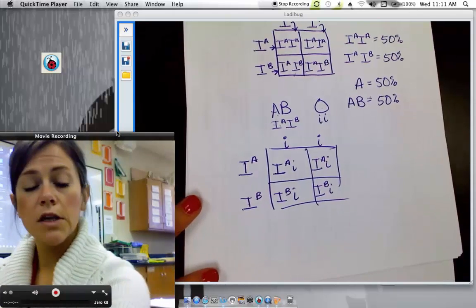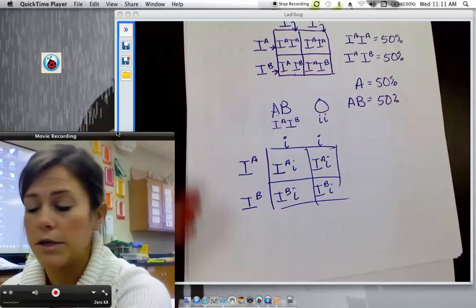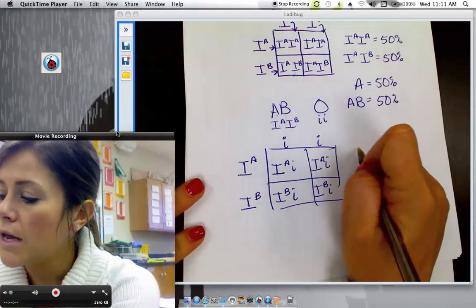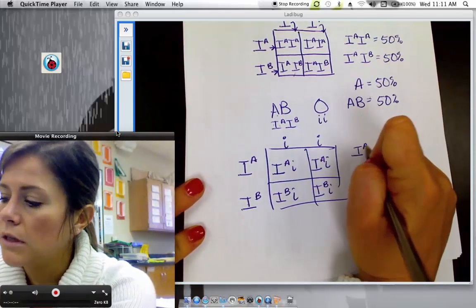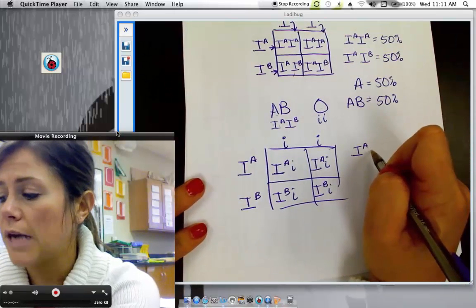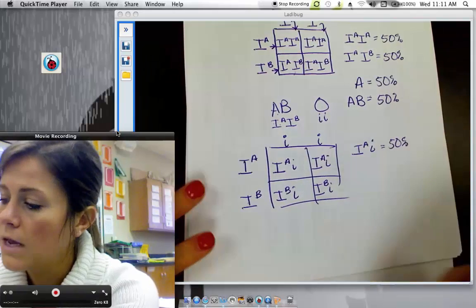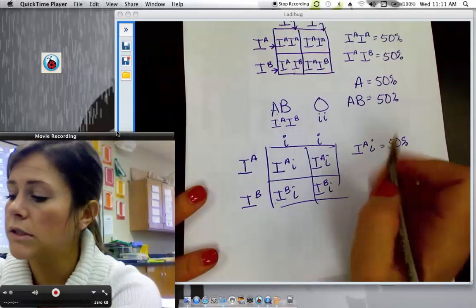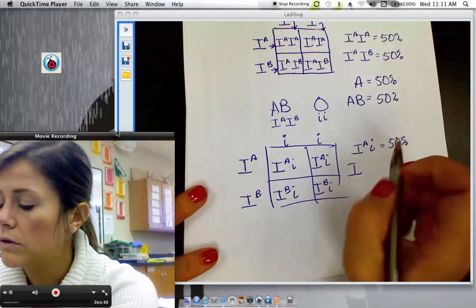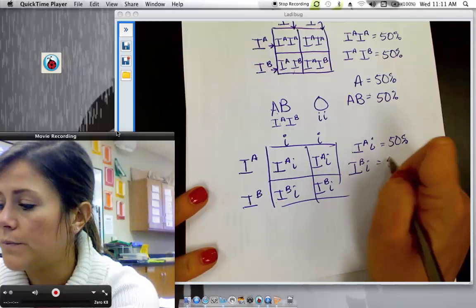All right, so let's go ahead and write down our genotypic ratios and our phenotypic ratios. So we have 2 individuals that are dominant I with the superscript A and a recessive I, so that's 50%. Then we also have 2 individuals that look like this. So I B, recessive I, 50%.